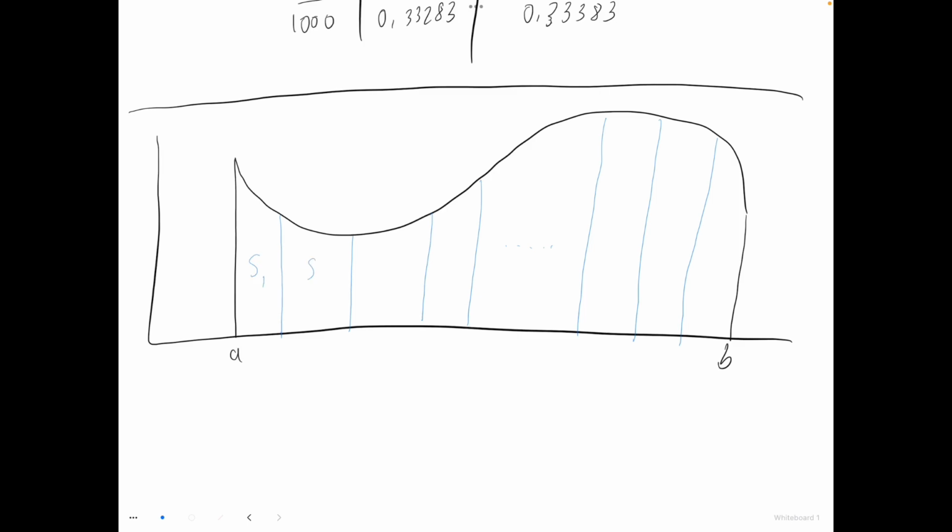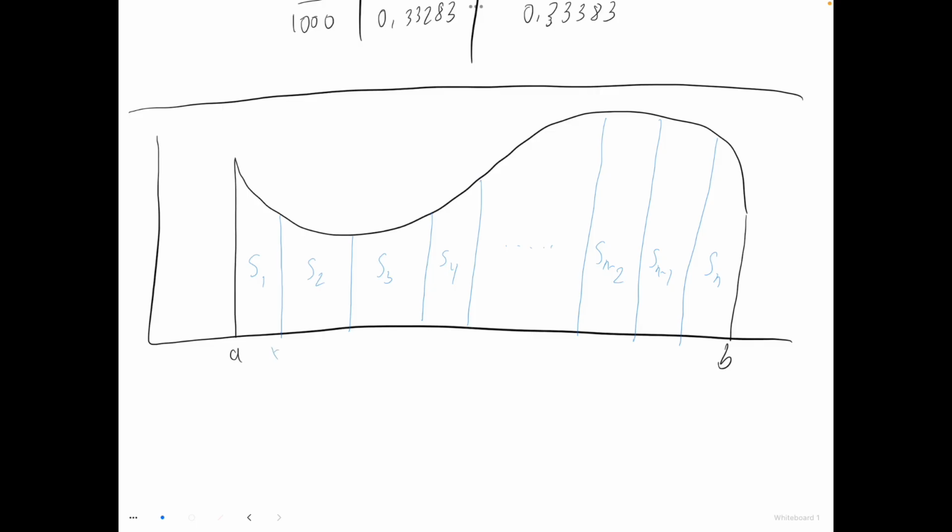So S1, S2, S3, S4, a bunch of dots, Sn minus 2, Sn minus 1, and then Sn. So we've divided it up into n pieces.